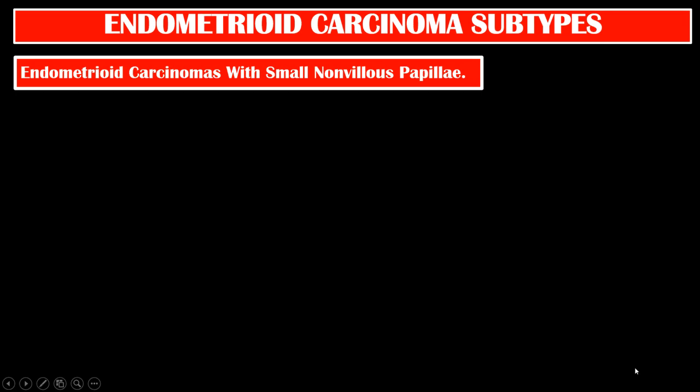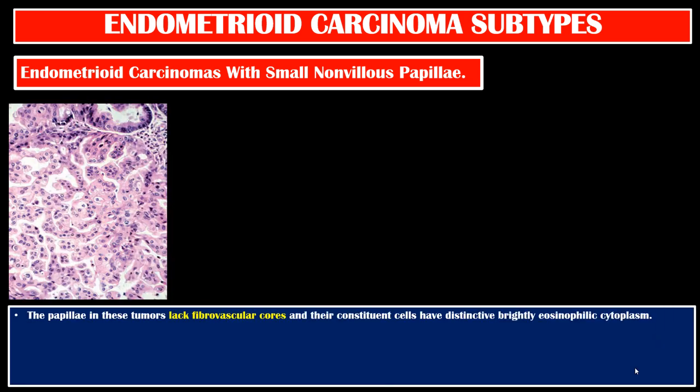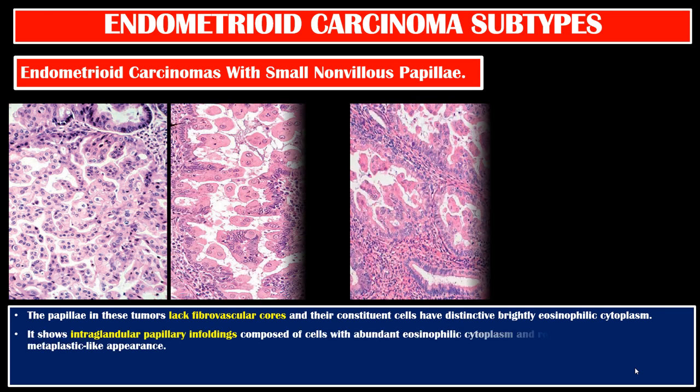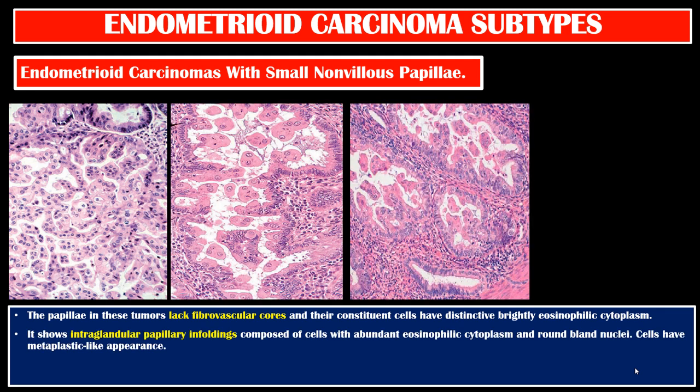Endometrioid carcinomas with small non-villous papillae. The papillae in these tumors lack fibrovascular cores, and their constituent cells have distinctive brightly eosinophilic cytoplasm. It shows intraglandular papillary enfoldings composed of cells with abundant eosinophilic cytoplasm and round bland nuclei.